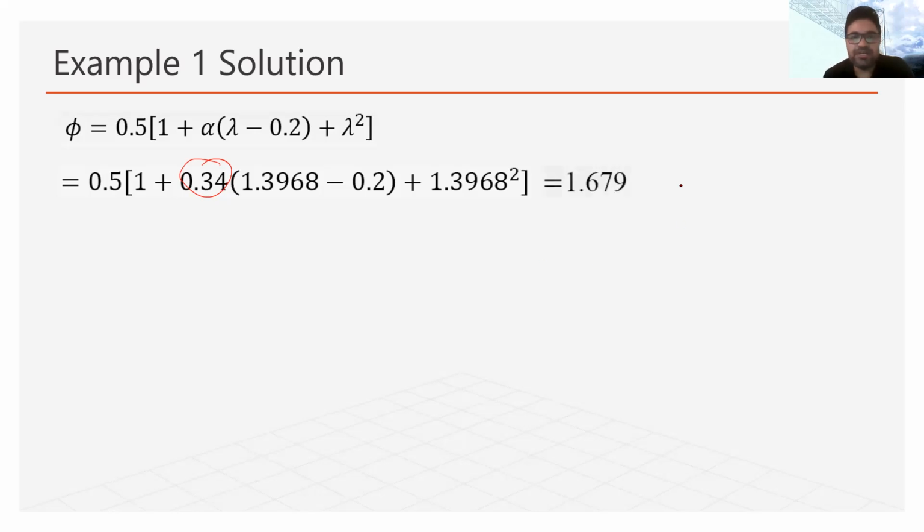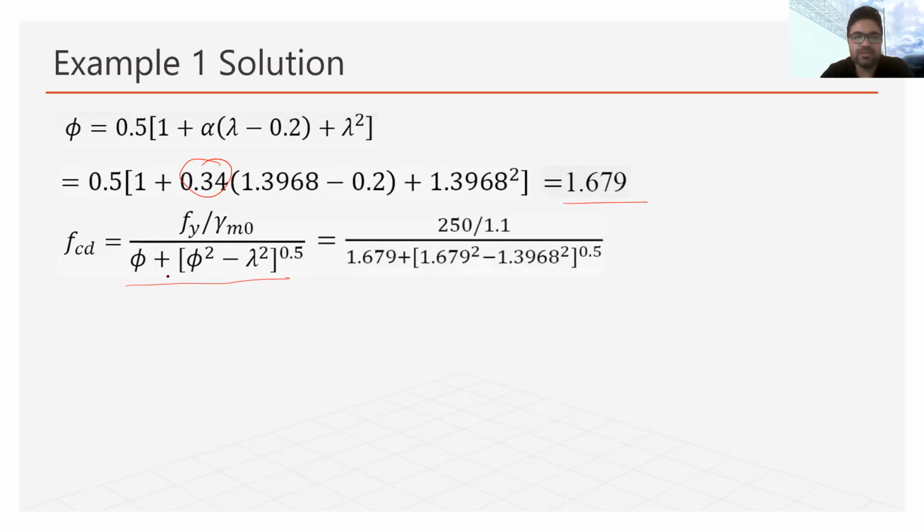After calculating, the phi value is 1.679. Now again we will calculate FCD using this formula, and putting all the values, we find FCD as 87.06.